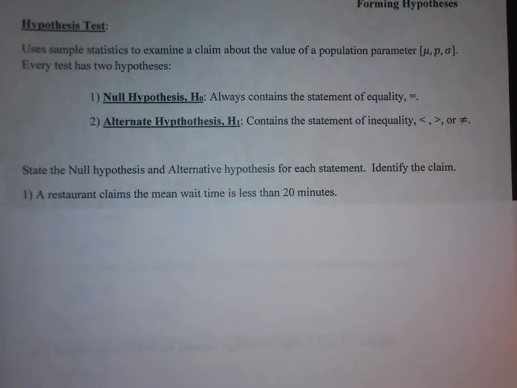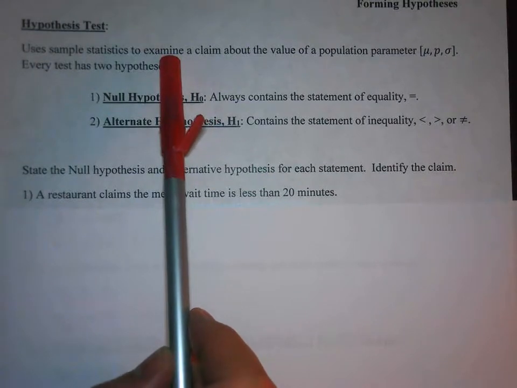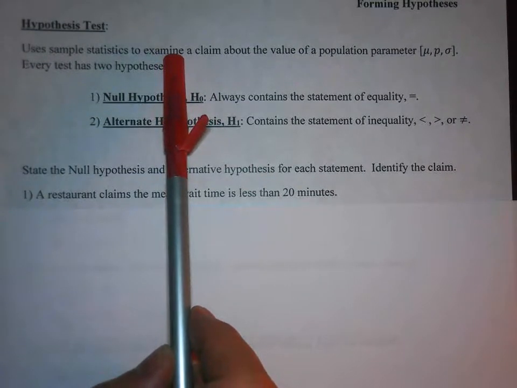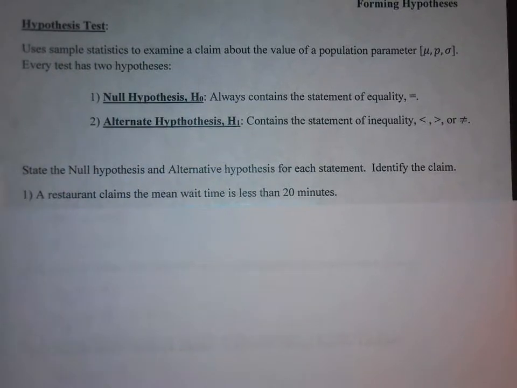Because remember, the idea of a hypothesis test is that we use sample statistics such as the sample mean, sample proportion, and sample standard deviation to examine a claim about a population parameter.